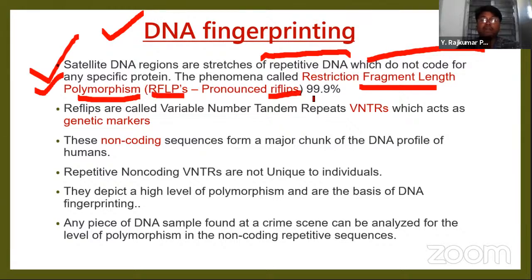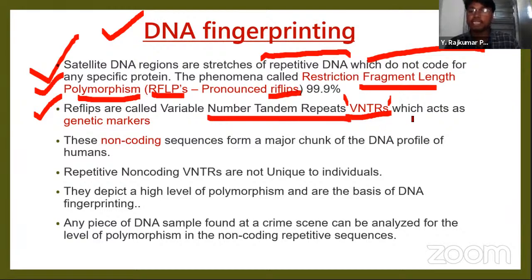Around 99.9% RFLPs are seen in our human genome. These RFLPs are called VNTRs. You must remember this word. VNTR's full form is variable number tandem repeats. These VNTRs act as genetic markers, and are the basic components in DNA fingerprinting.